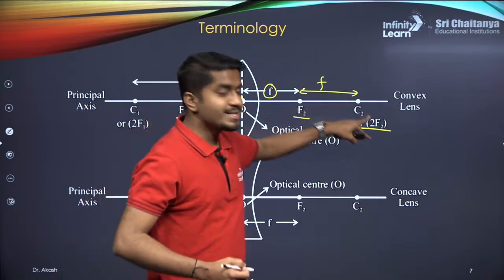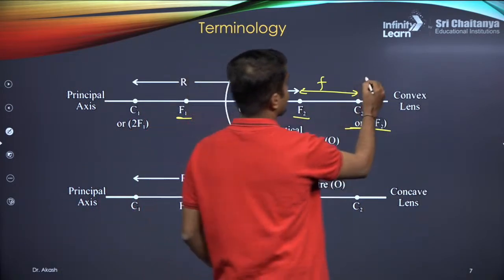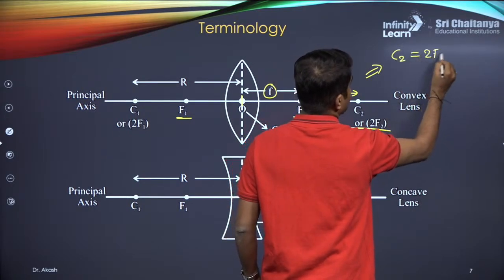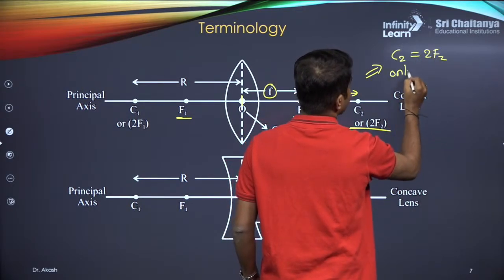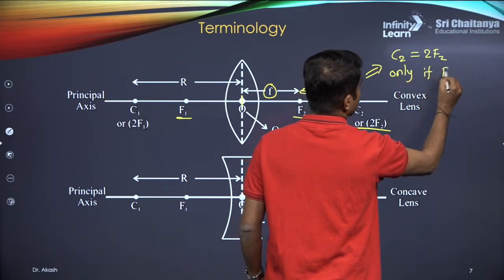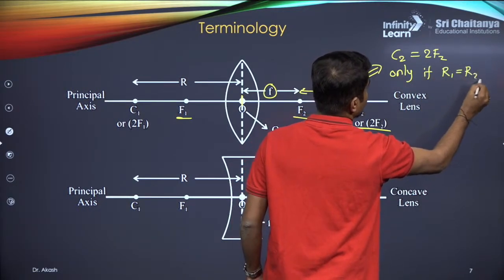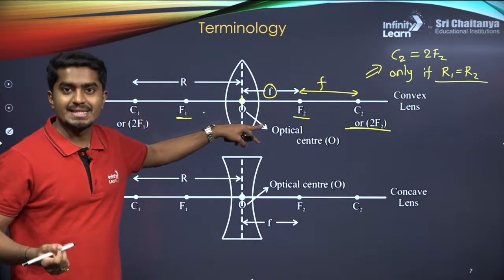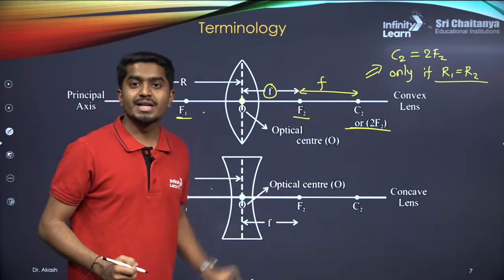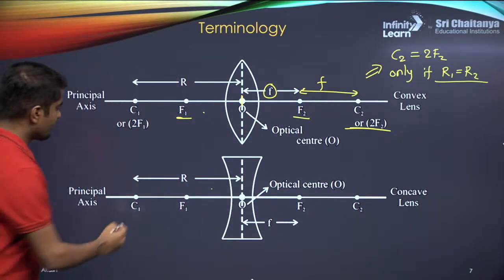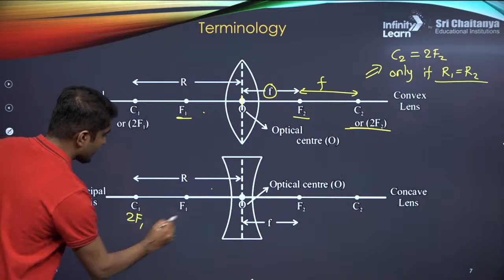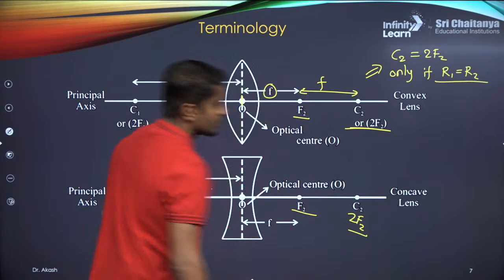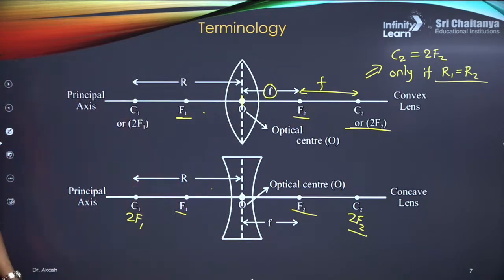So C2 will be equal to 2F2 only if R1 is equal to R2. That means only if this is a biconvex lens or biconcave lens. Similarly, we have 2F1 here, F1, F2, 2F2. So these are the terms you need to know.